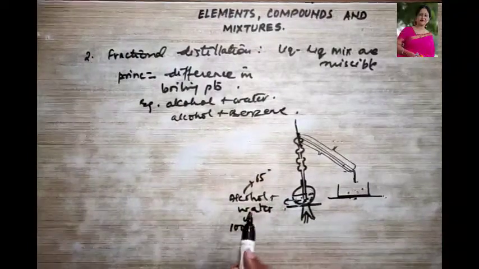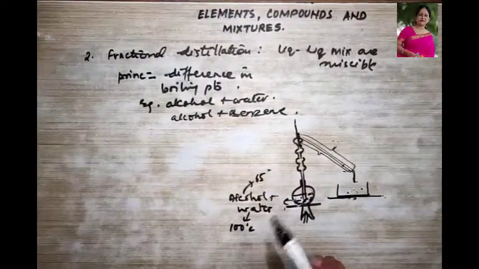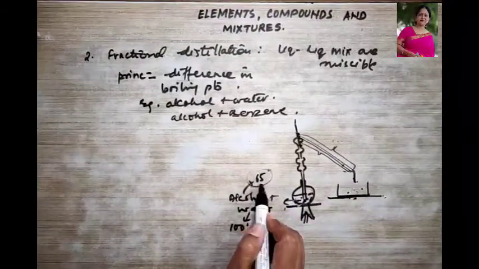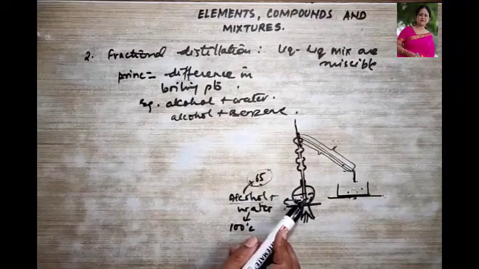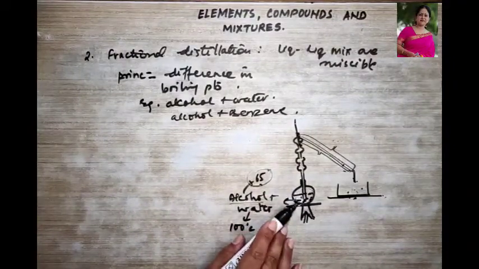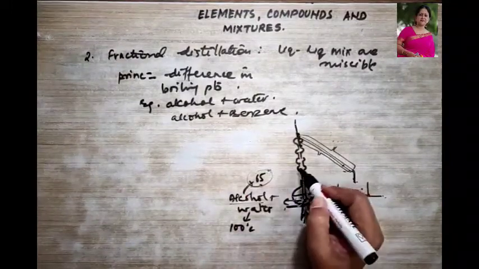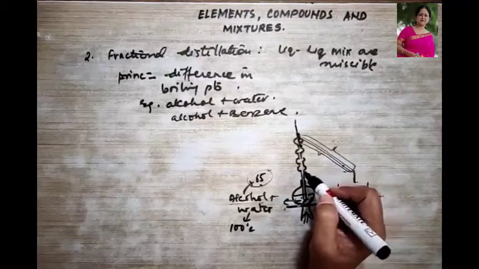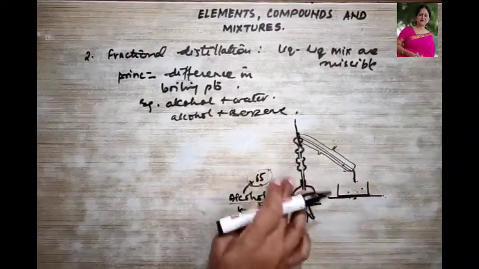So suppose 65 degrees. Now when you are heating, which temperature will you reach first? You will reach 65 degrees. So what will happen? Alcohol, as it reaches 65 degrees, starts vaporizing. Water is still inside, but your alcohol has started vaporizing. Gradually it will move to the first fractionating column, to the second, to the third, and as it is moving up, what is moving up?